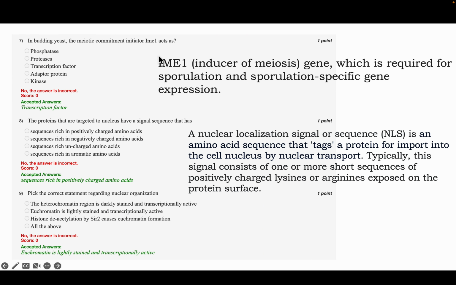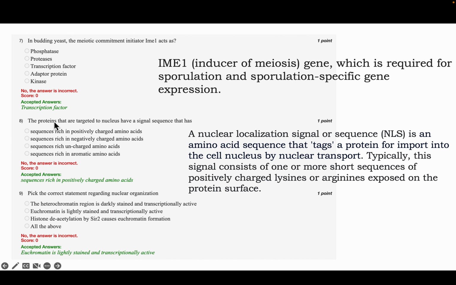This gene is required for sporulation and sporulation-specific gene expression. What helps in gene expression are called transcription factors. So this IME is a transcription factor.